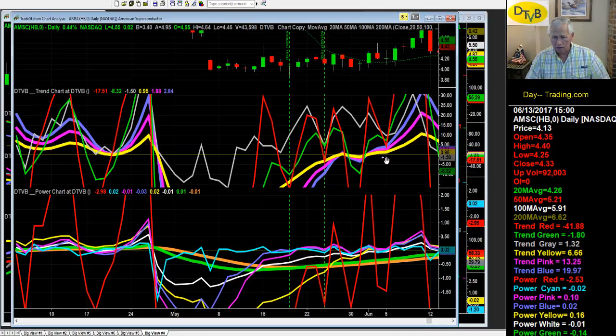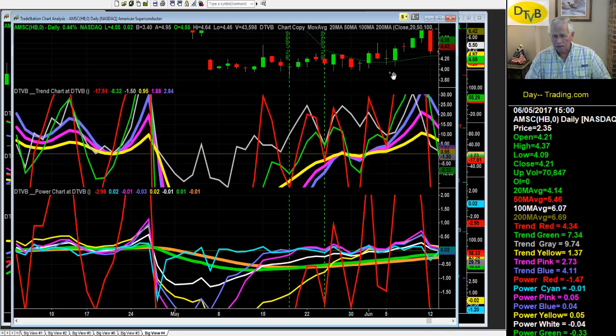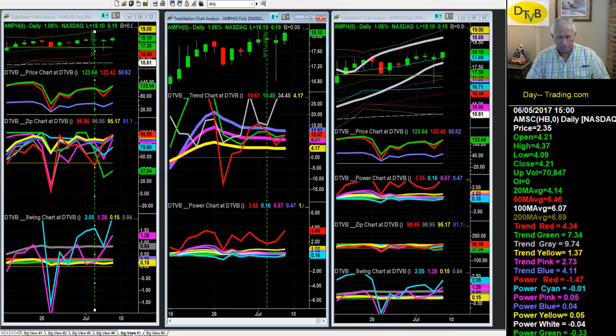In this case here, it looks like we've got 4 days afterwards of up. The second day obviously is that stall day, but you can work around that if you so choose. But that's the classic down touch on the trend red down touching trend pink.